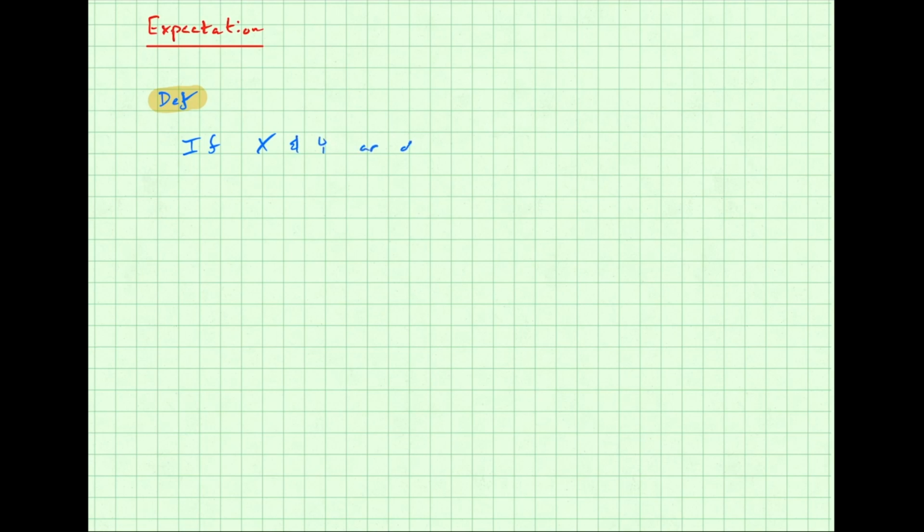They're discrete random variables. And let's say we have their joint PMF. And then let's say we just have some arbitrary function of these two variables.